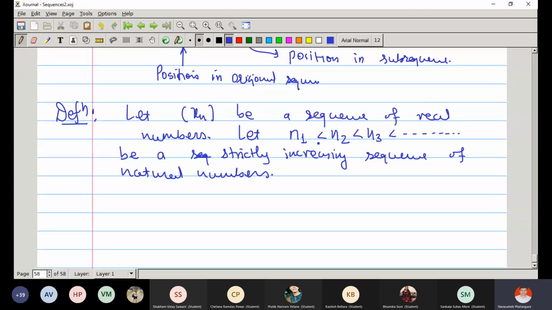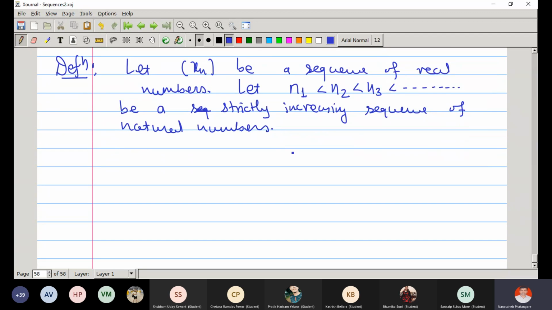What do I mean to say that n1, n2, ... is a strictly increasing sequence of natural numbers? For example, let me tell you this before.